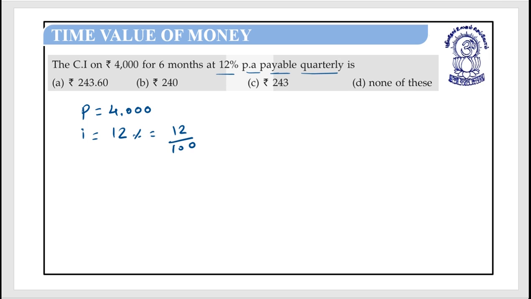So T is 6 months. So n is equal to 12 by 6, 6 2s are 12, so n is equal to 2.